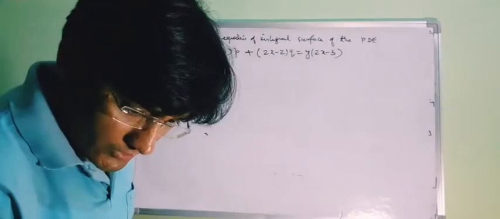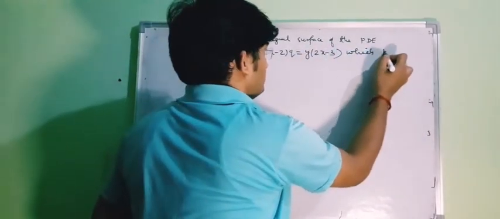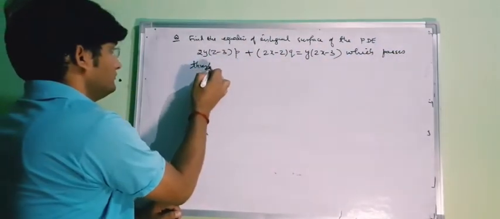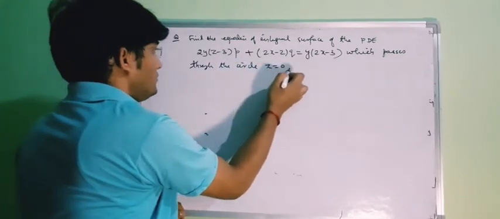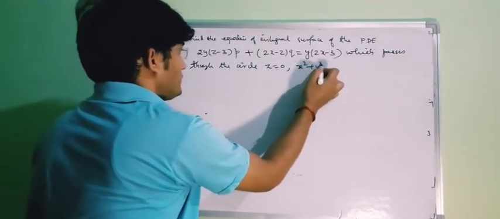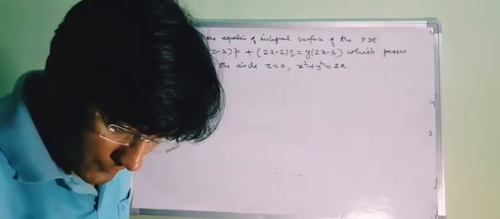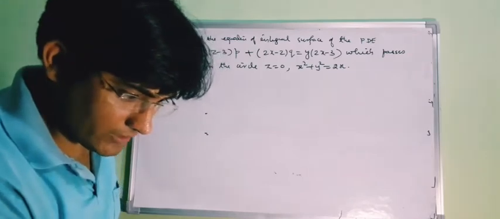Which passes through the circle z equal to 0 and x square plus y square equal to 2x.